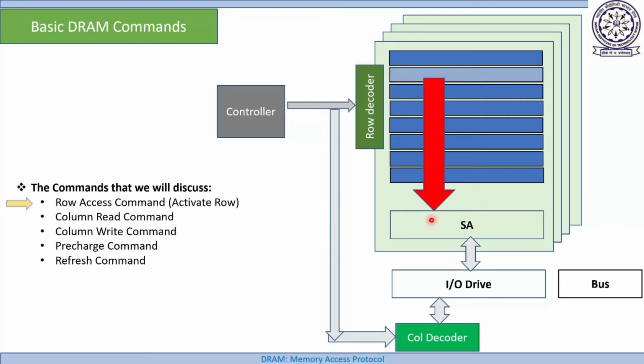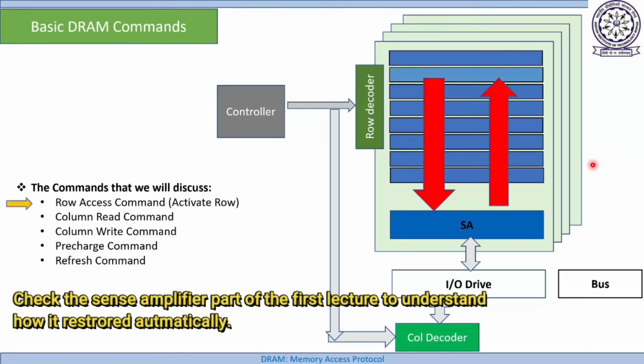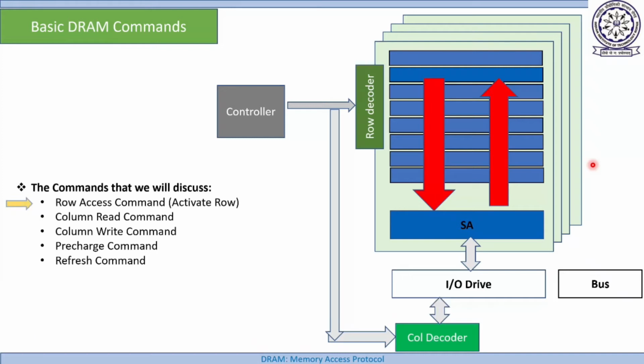Once a row is activated, data will be available in the sense amplifier, and then it will discharge the data from this row. That means all the DRAM cells available here are discharged, but automatically after some time, this data will be recharged, but it takes some time. So all these things are performed when you go for a row access command.